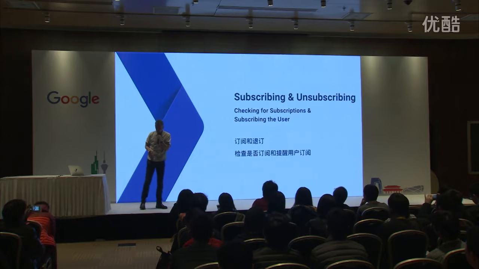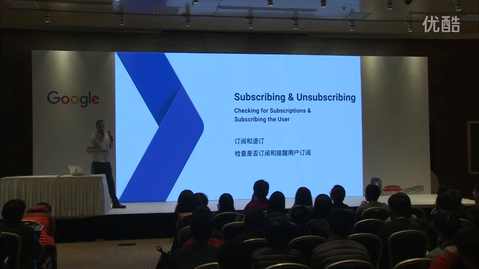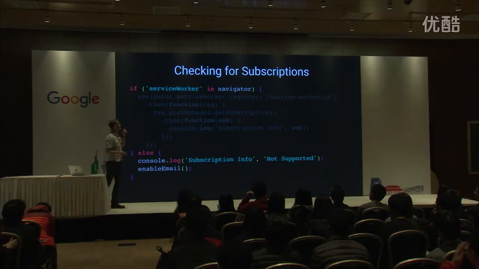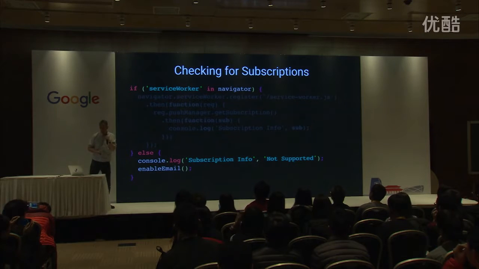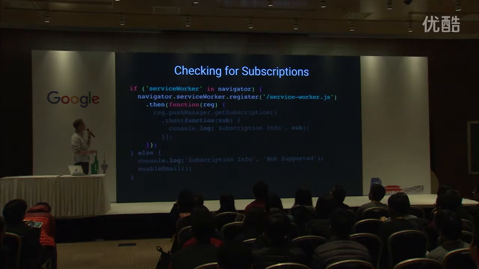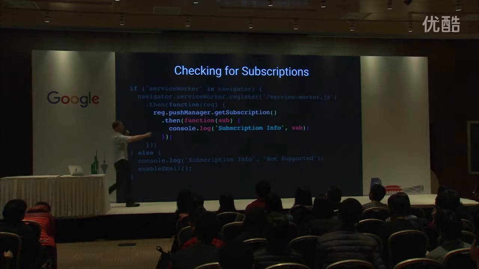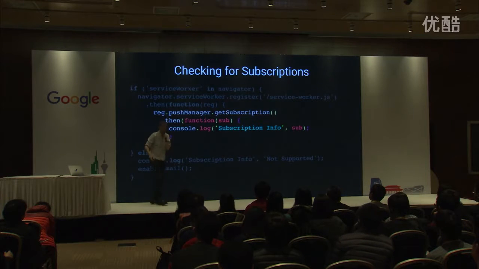So, I just want to run through the actual code for this, beginning by talking about subscribing and unsubscribing. The first thing you need to do, as this is a progressive web app, is check that service worker is implemented by seeing if we can see that in Navigator. And then once the service worker is registered successfully, we can then get at the Push Manager API.